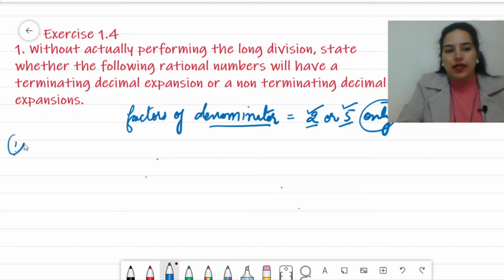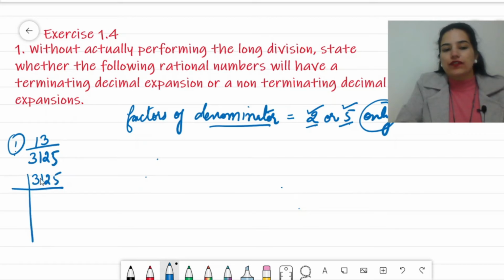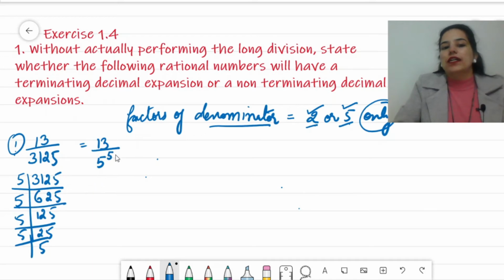So let's look at the first part, which is 13 upon 3125. We will find the factors of 3125. Let's start dividing by 5: 5 times 625, 5 times 125, 5 times 25, and 5 times 5. So the denominator here can be expressed as 5 to the power 5, and there is no other factor than 5. 2 was acceptable, other than 2 and 5 nothing is acceptable.